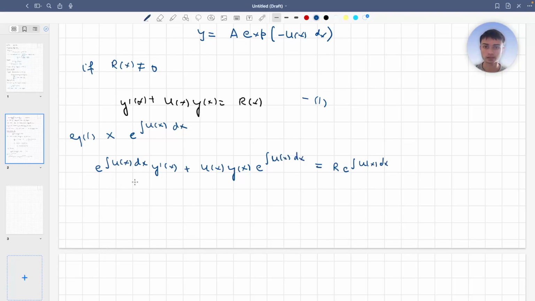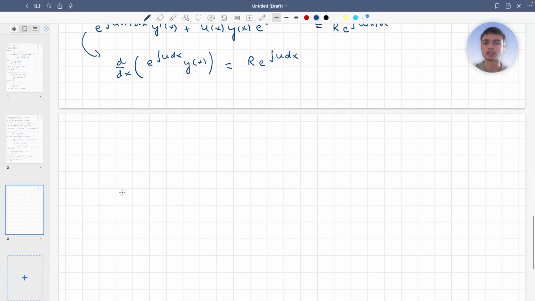So this forms a form that will take up the form d/dx of e^(integral u dx) y(x). Now it's your job to satisfy yourselves that this indeed forms this.